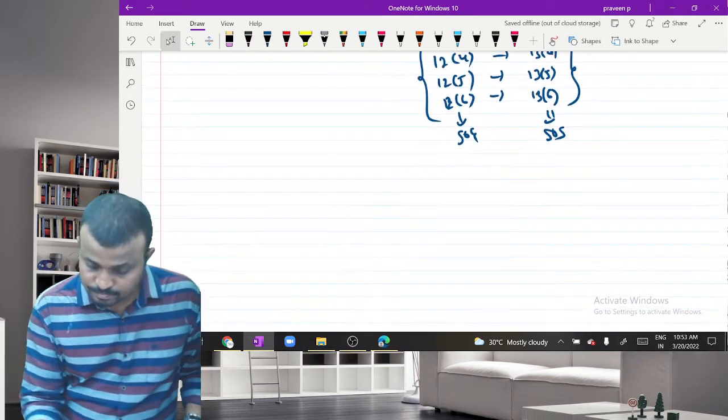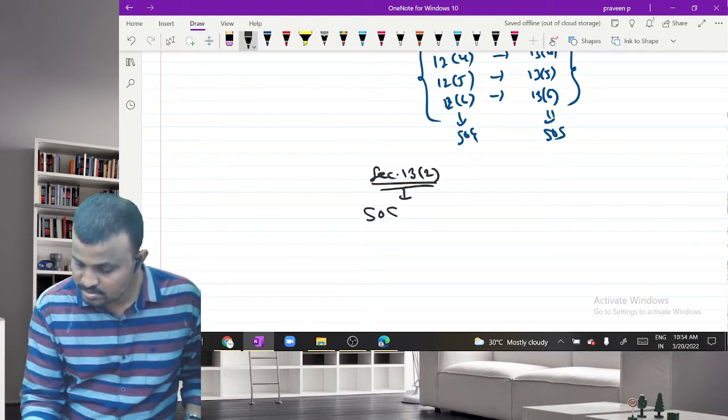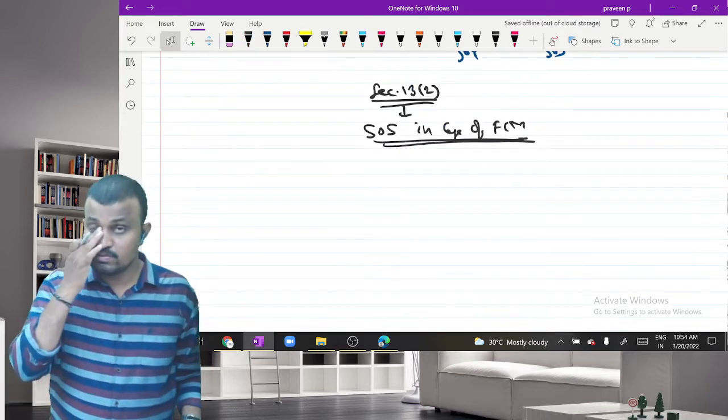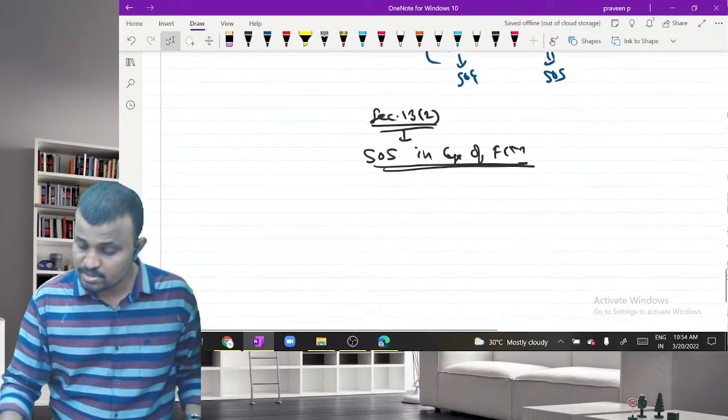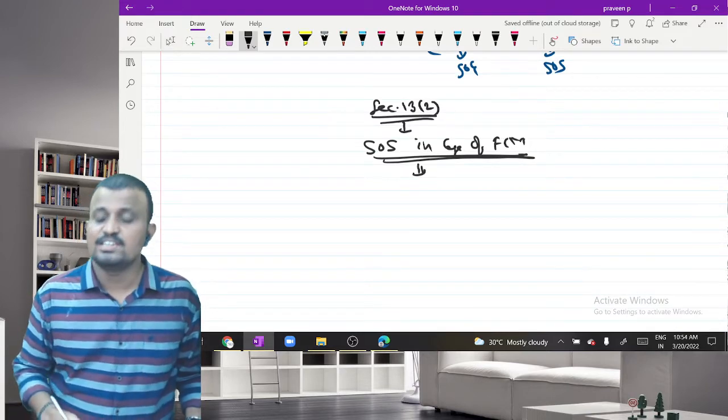Then, in case of section 13(2), it is relating to supply of services in case of forward charge mechanism. Here we have to specify from the point of view of which supply. So in that case, what is the time of supply?